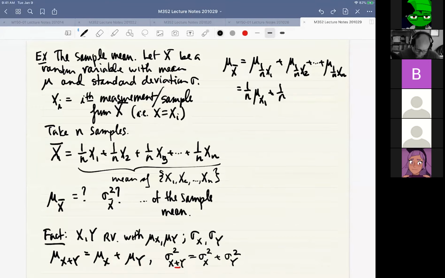And likewise for the rest. And I can factor out the 1 over n.